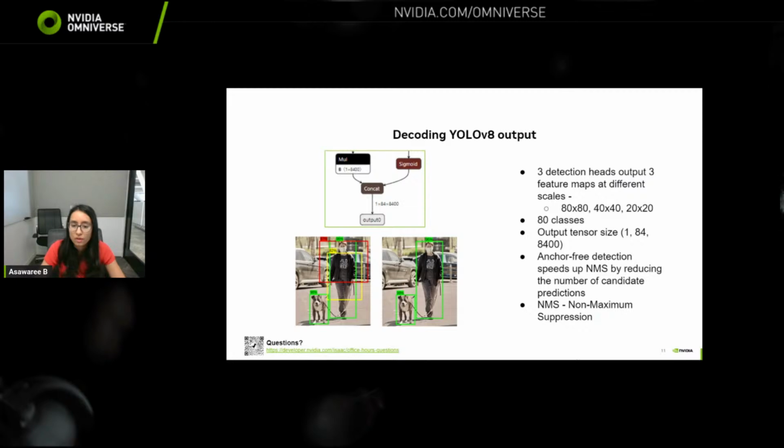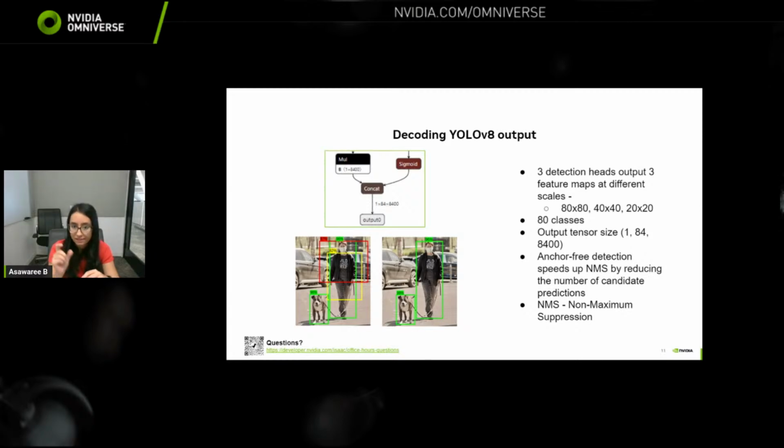Okay, so from this point on, we're just going to talk about the decoding side of the pipeline. And before we actually get into how Isaac ROS decodes it, or how to make your own Isaac ROS node for YOLOv8 decoding, let's just talk about what the YOLOv8 output looks like in general. So the tensors that are coming from the Isaac ROS TensorRT node have a size of 84 by 8400.